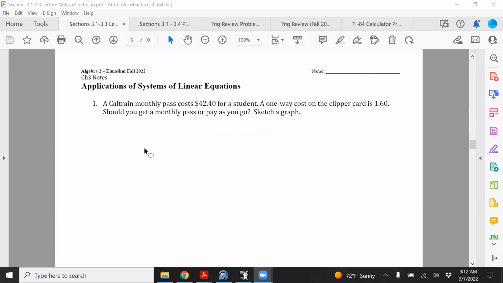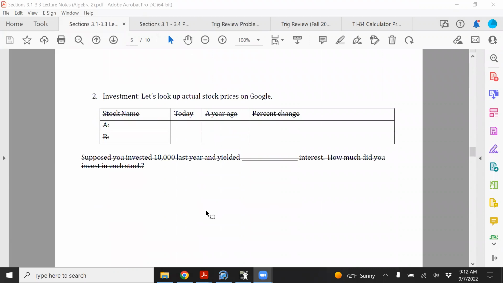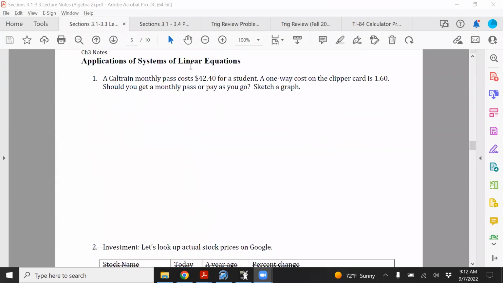All right, word problems. We're gonna skip number 2 because you put a strike through it. Let's look at number 1. This is a very simple calculation, which most of you probably do in your head or just bust out your cell phone and use the calculator. But let's say you take the train every day.